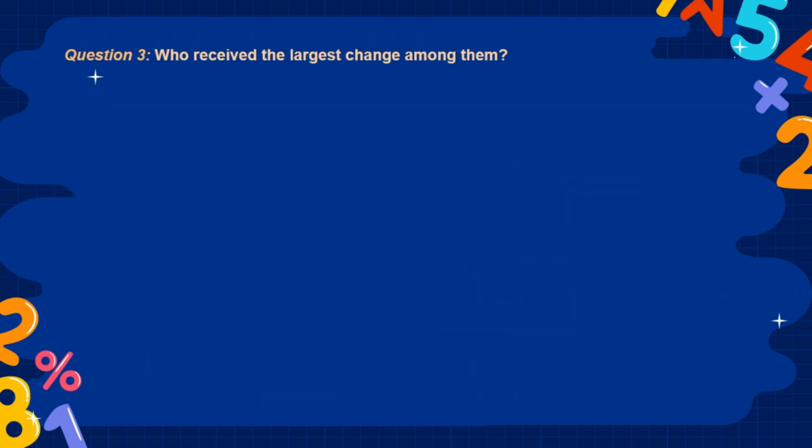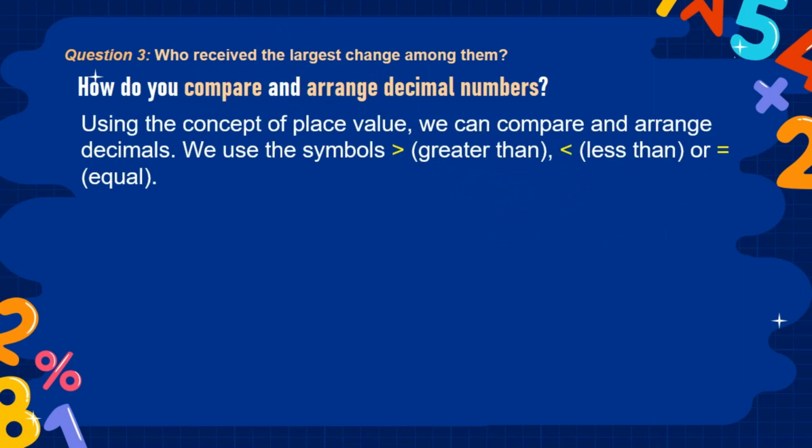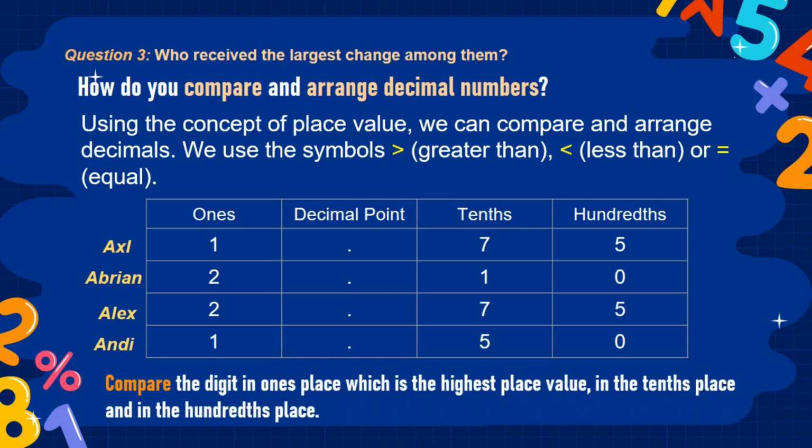Question number 3. Who received the largest change among them? In this question, we need to compare. How do you compare and arrange decimal numbers? Using the concept of place value, we can compare and arrange decimals. We use the symbols greater than, less than, or equal. Compare the digit in ones place, which is the highest place value, in the tenths place, and in the hundredths place.